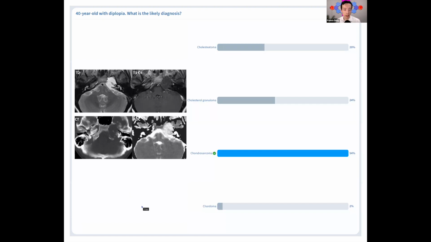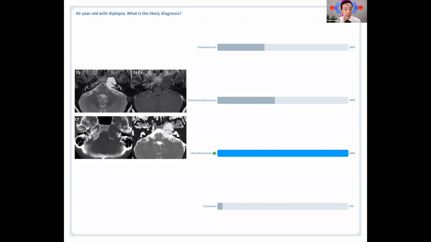Okay, a majority of you got the correct answer, which is chondrosarcoma. So on the images, we see a very T2 hyperintense lesion located at the left petroclival synchondrosis. This is not very enhancing on T1 post-contrast images, although some of this entity does enhance with contrast. On the CT images, we see a mostly lytic abnormality, but there are some areas of bone formation or displacement by this osteolytic abnormality.